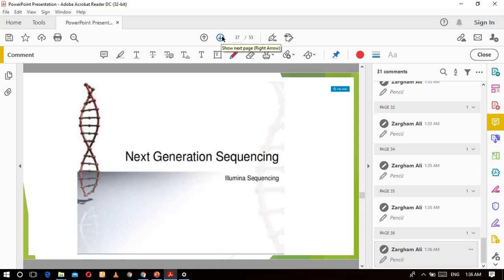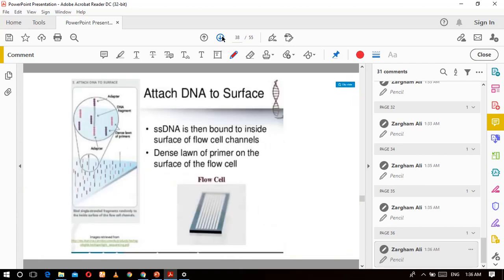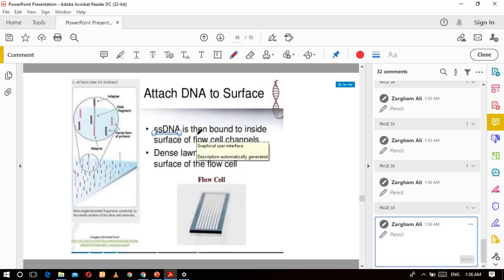Another, relatively advanced sequencing method is next generation sequencing, which is Illumina sequencing. As we know, DNA is in a double stranded condition, so we first have to make it single stranded DNA, which we bind to the flow cell channel.